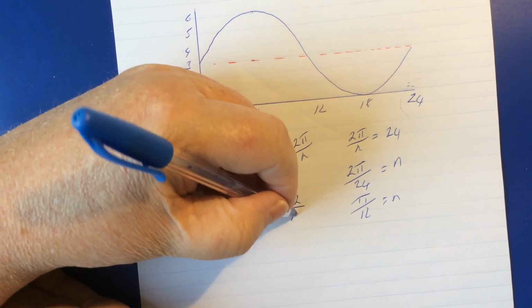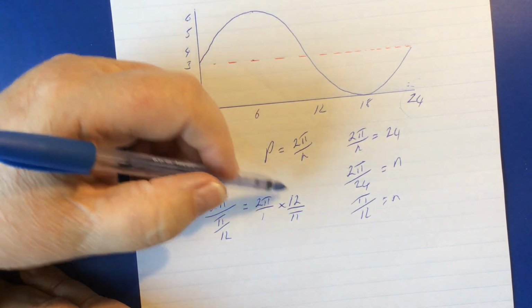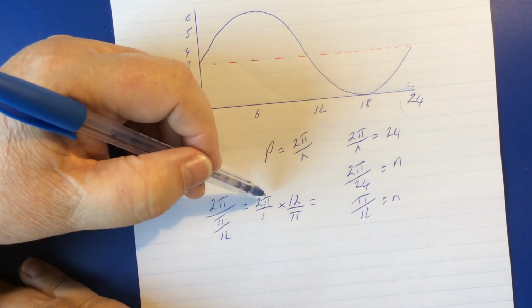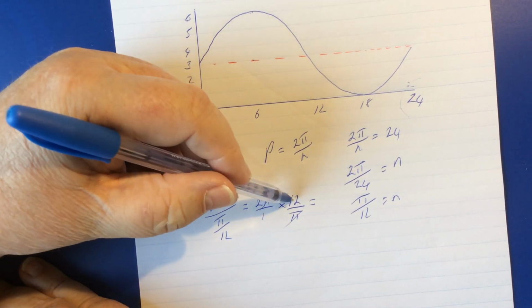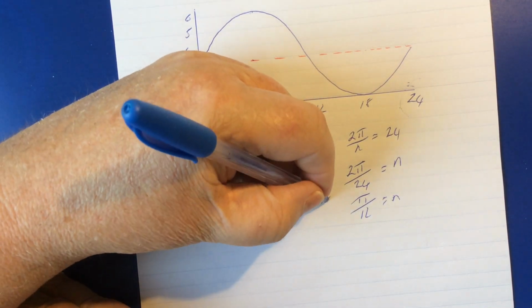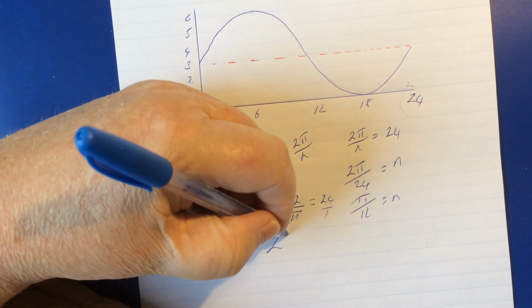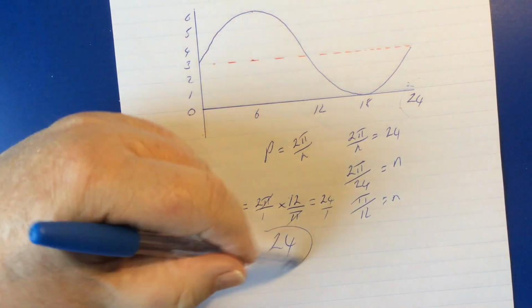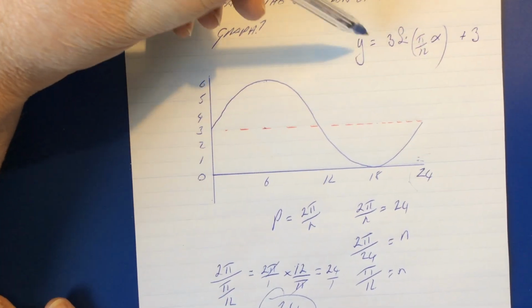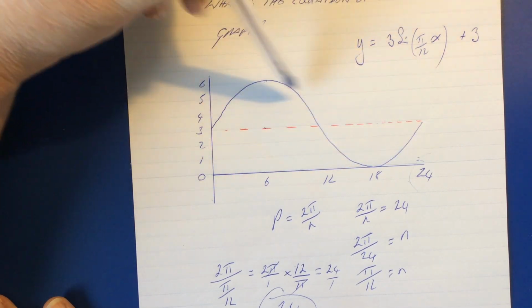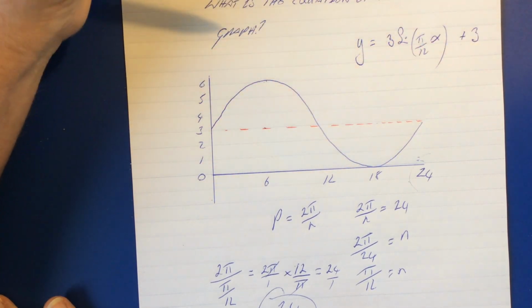Now, if we do that, we can cancel that, and we can cancel that, and we get 2 times 12, which is 24 over 1. A period is 24. And so that is why the equation of this graph looks like this.